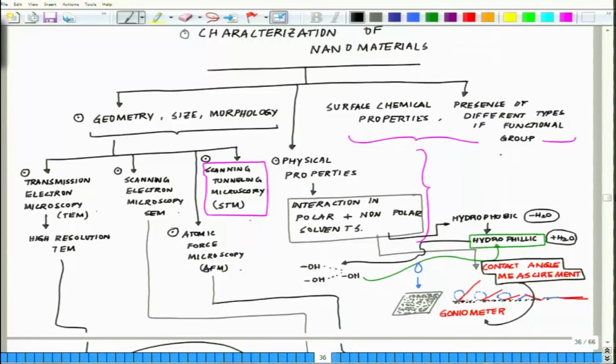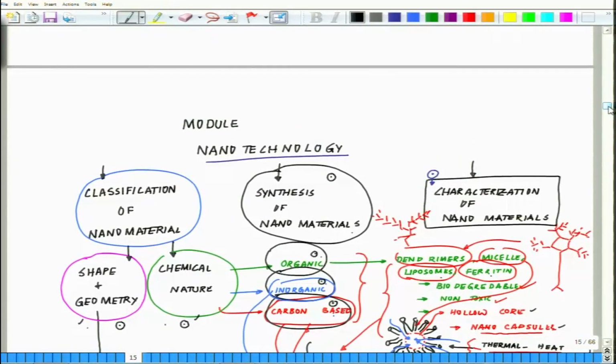So to summarize this part, what we covered here is the classification of nanomaterials in terms of shape and geometry, and chemical nature: organic, inorganic, and carbon-based. Then we talked about synthesis: physical, chemical, and biological.